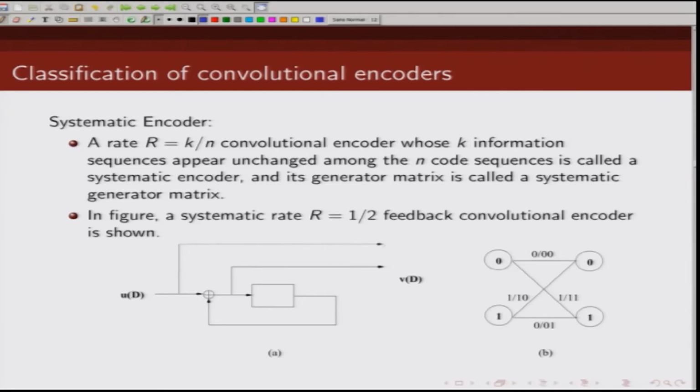You can see here the first coded bit is nothing but the information bit, and the second coded bit is the parity bit basically coming out from this convolutional encoder. So, from these two coded bits we can easily find out what the information bit was, and this is an example of a systematic encoder.